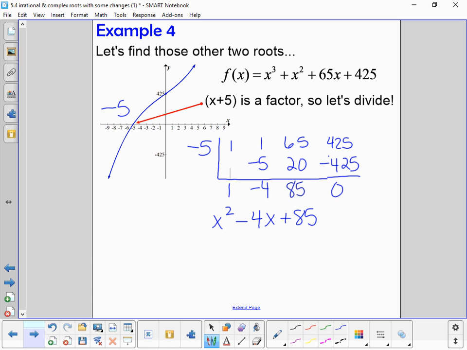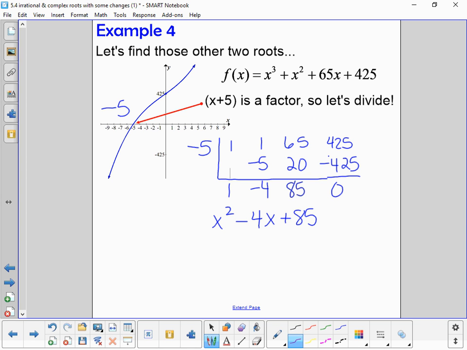And that is not factorable. The only way to factor 85 is 5 times 17, I think. So there's no way to get that to add up to -4. But also the graph is sort of trying to show me that it's not going to factor. If it was factorable, I'd be able to see those roots.